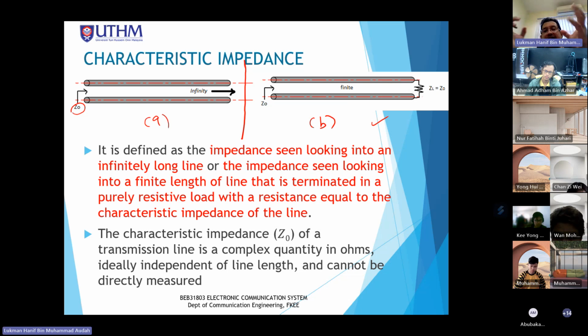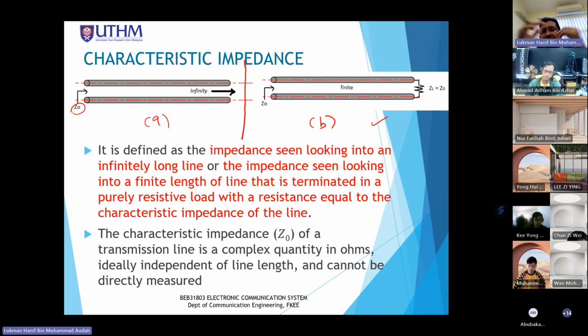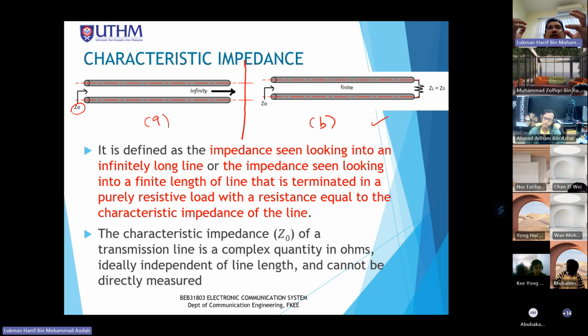For a finite length of transmission line, the input impedance is equal to the load impedance, assuming that there are no losses in the transmission line. So the characteristic impedance is equal to the load impedance for a finite length transmission line. And this is a lossless transmission line.